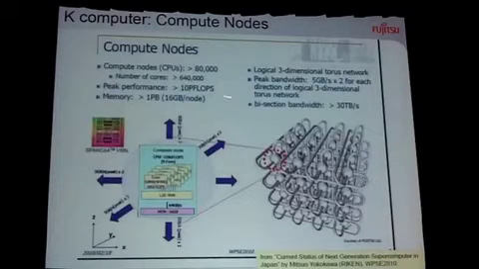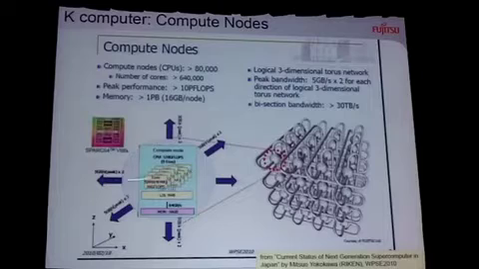And here is the architecture of the computing nodes. The system has over 80,000 nodes. This is a node configuration. Here are 8-core processors with shared L2 cache and memories. Peak performance is over 1 petaflops, and memory is over 1 petabyte.